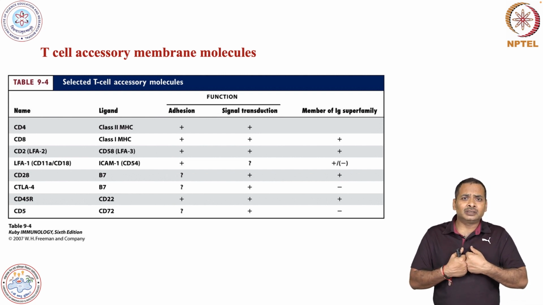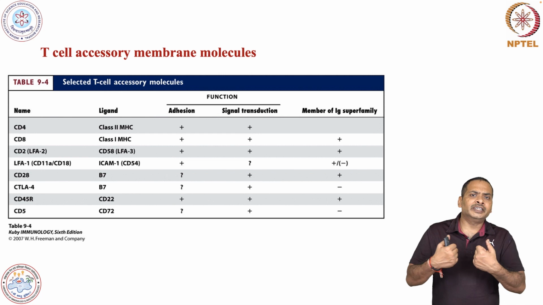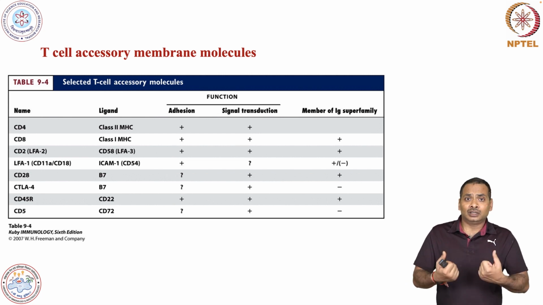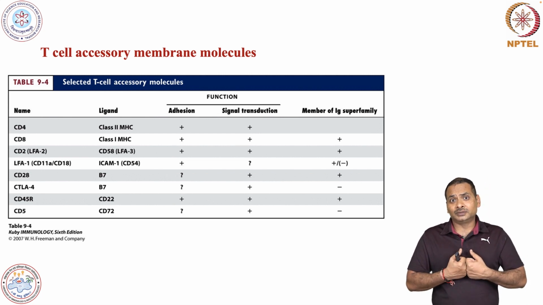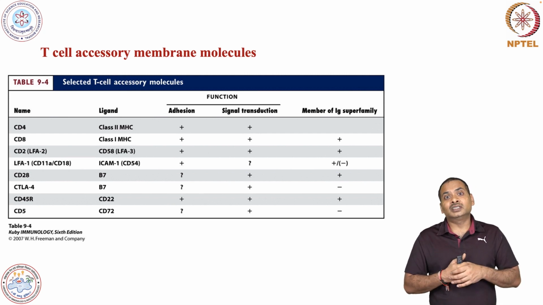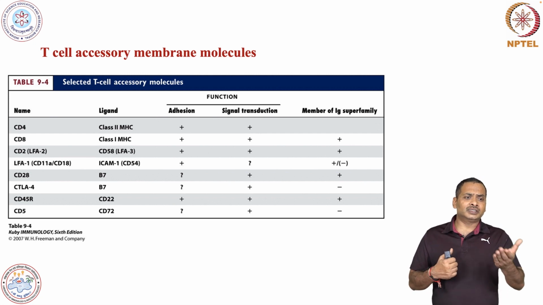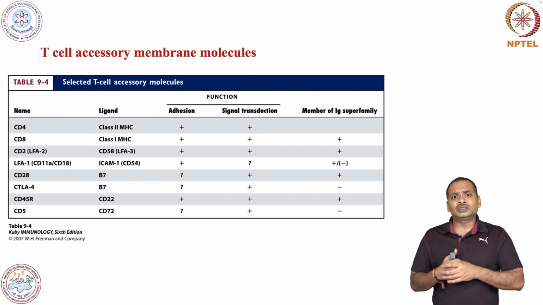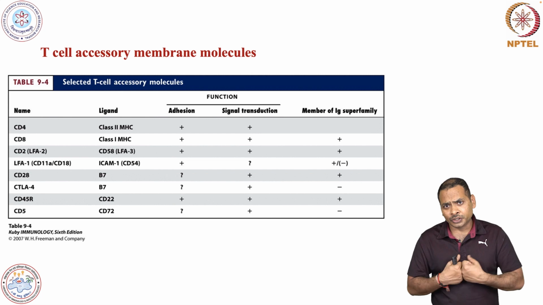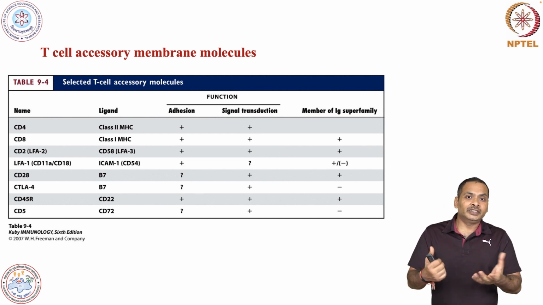This will bring the T cells and antigen presenting cells or other nucleated cells together. If it is an MHC class 2 molecule, we can call it an antigen presenting cell, or if it is a CD8 and MHC class 1 molecule interaction, then it is basically any nucleated cell.